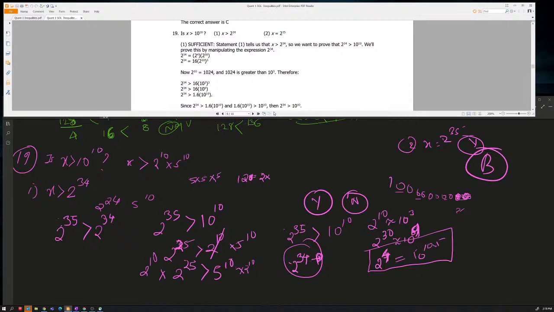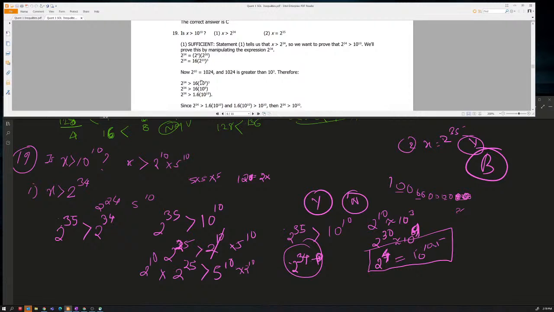Because statement 1 tells us that x is greater than 2 power 34. I didn't understand this intent. Now what they are doing is they are making 2 power 34 in terms of its factors. Now 2 power 10 is equal to 1024, and 1024 is greater than 10 power 3, right? That is okay. So they have changed the question, means they have eliminated 2 power 10 from the equation basically.